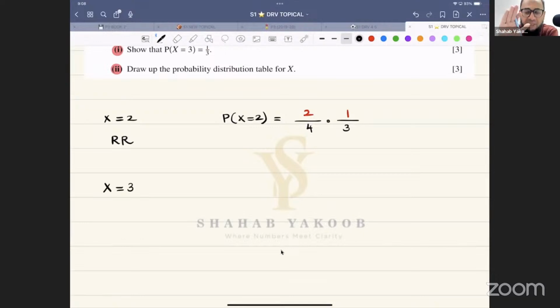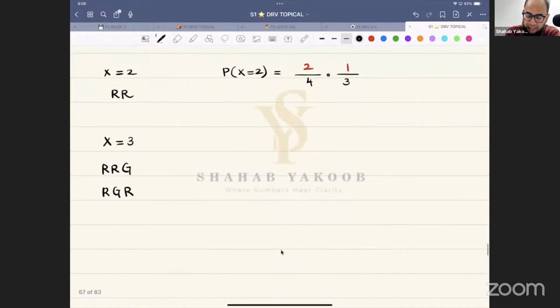Be very, very patient. That is one thing that you learn in statistics, to be very, very patient. I'll be writing some scenarios down which won't exist in reality, but let me write them down. I can cancel it anytime. Do not stop your thinking process. I can write RRG, I can write RGR, and I can write GRR.